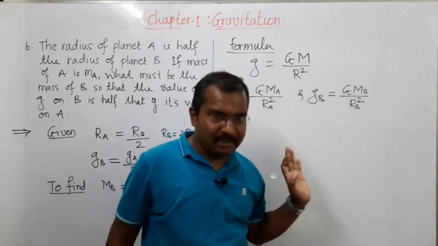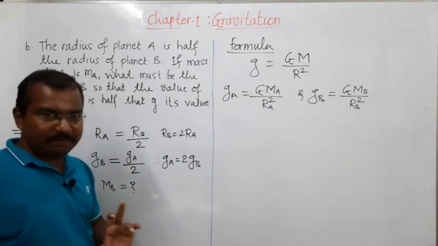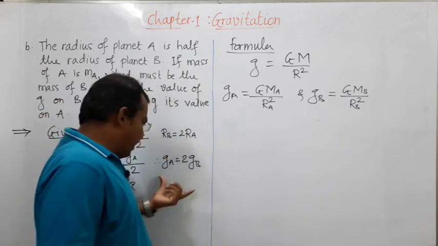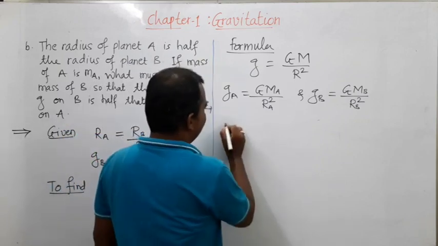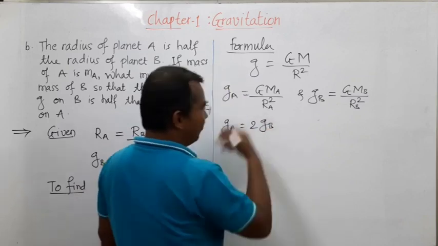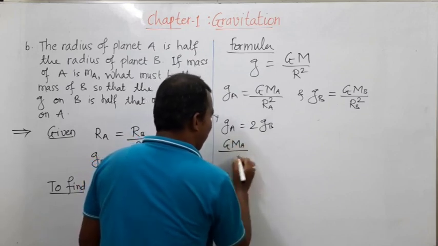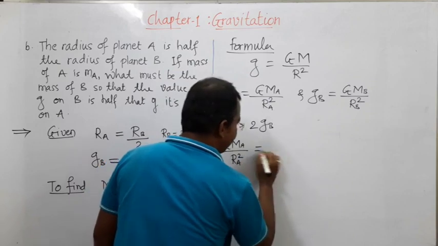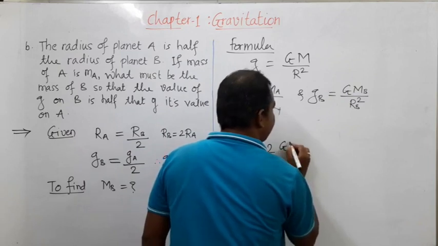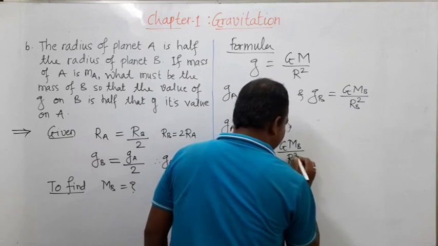Okay, this comparison is done, and we have the relation GA is equal to 2 times GB. Okay, we have to calculate the mass on GB. We can use this relation also. So if GA is equal to 2 times GB, then the formula will be, GA will be as it is, G MA upon RA square is equal to 2 times GB, which is G times MB upon RB square.